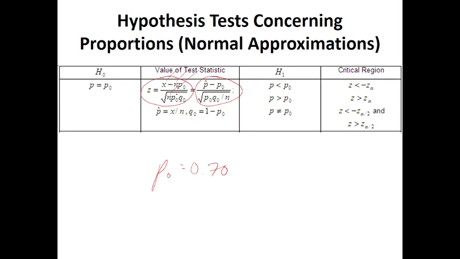This is 15, then p sub 0, q sub 0. So what is q sub 0? q sub 0 is 1 minus p sub 0, okay? And that is 0.30, no?